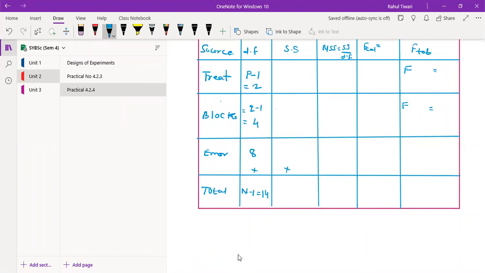And treatment sum of squares you have 0.796, and 0.0426, and total is 0.976. If you subtract both of these, you will get this one.